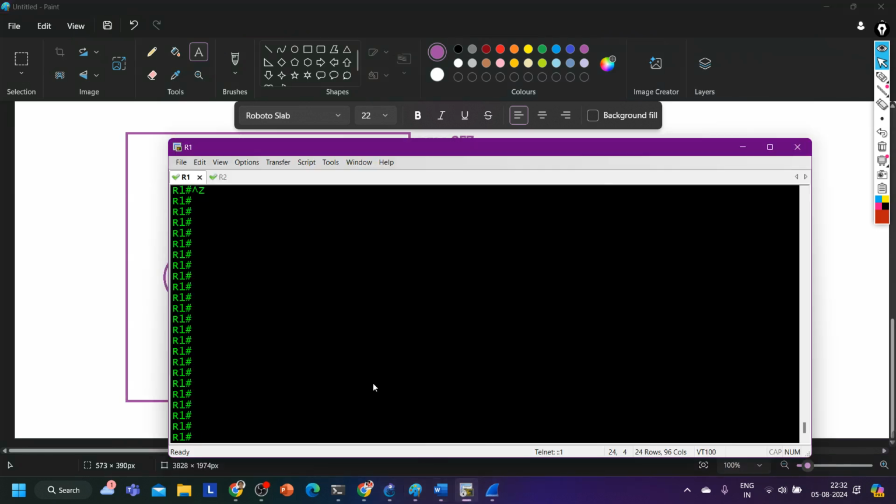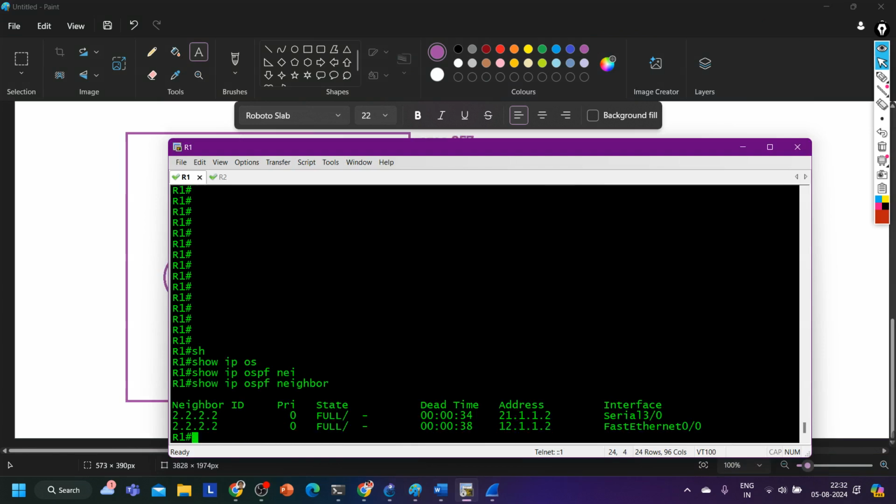So now you can see we have full state. So in IP OSPF neighbor, full state means this neighbor is adjacent, right? If the neighborship state is two-way, that means the neighbor is my neighbor in OSPF but not adjacent, meaning I will not share the complete database, that is only a neighbor.